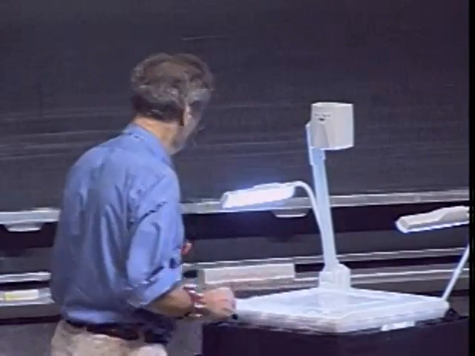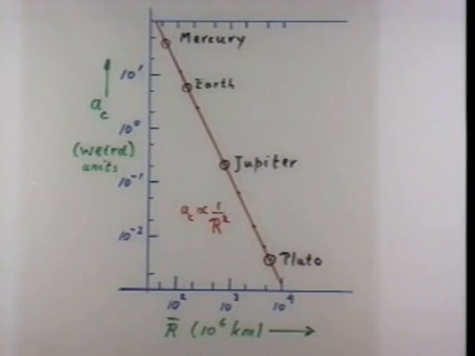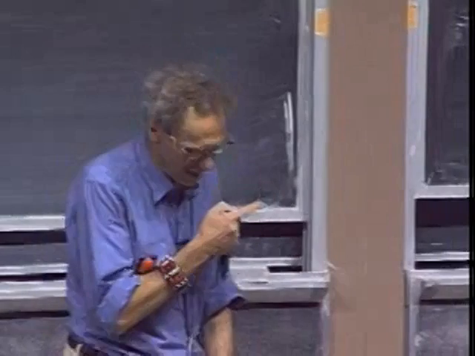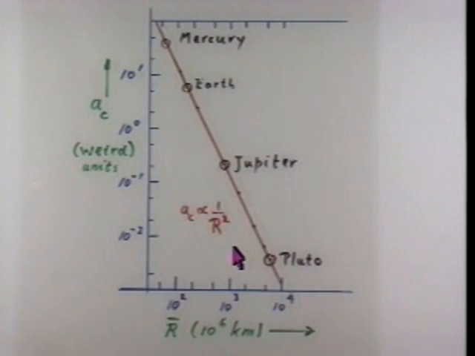Therefore, you cannot escape the conclusion that the centripetal acceleration, which is the result of gravity, falls off as 1 over r squared. We refer to this often in physics as the 1 over r squared law, and therefore the effect of gravity itself must go down with r squared.